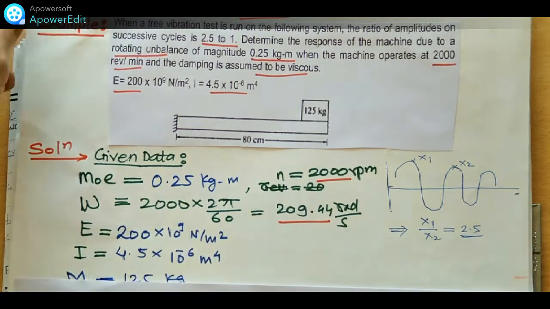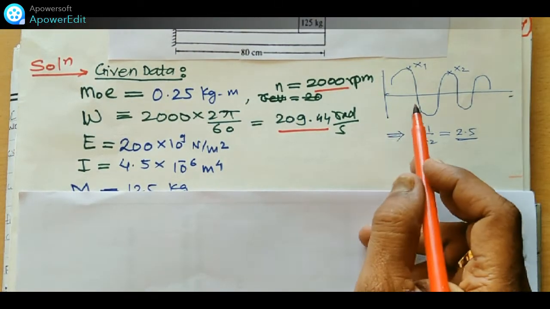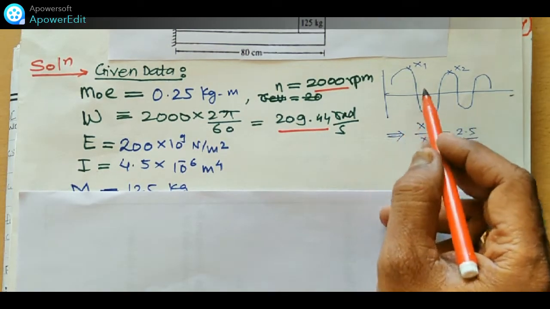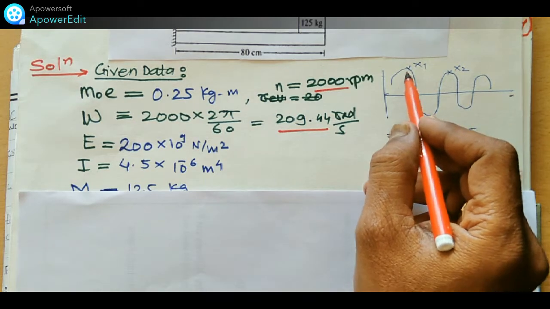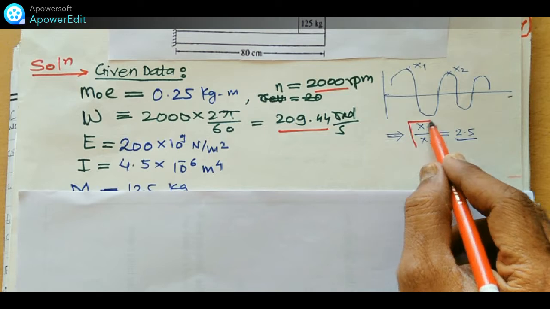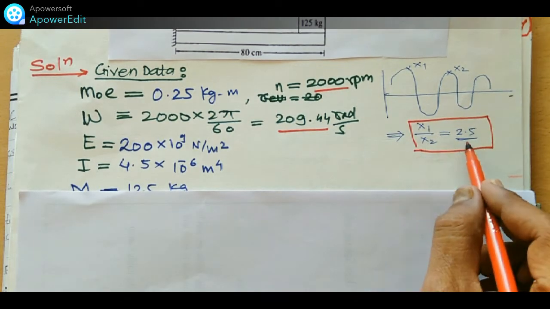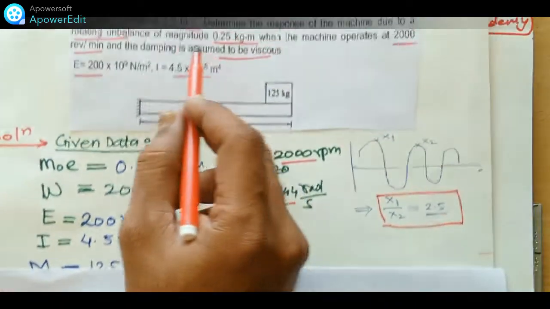See here, what is the given data? As there is the harmonic force, it will rotate from this cycle. This is the amplitude x1, x2. The ratio is given to us. What is that ratio? x1 by x2, 2.5 to 1. It is given in the numerical.